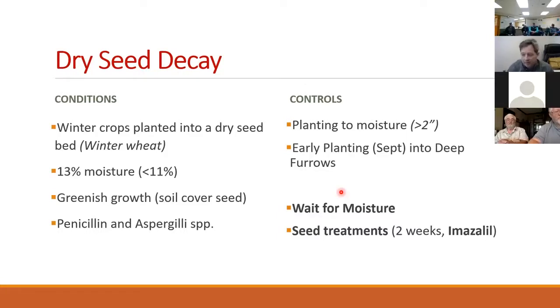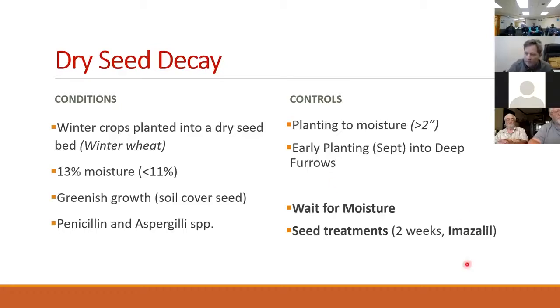What I recommend, generally speaking, is to wait for moisture, and that's a hard thing to do. If you're kind of losing your patience, there are seed treatments that will provide 2 weeks of control. Almost all the seed treatments that are registered for dry seed decay will provide about 2 weeks of good control. So you have a 2-week window there. You plant, and hopefully that moisture will come in.